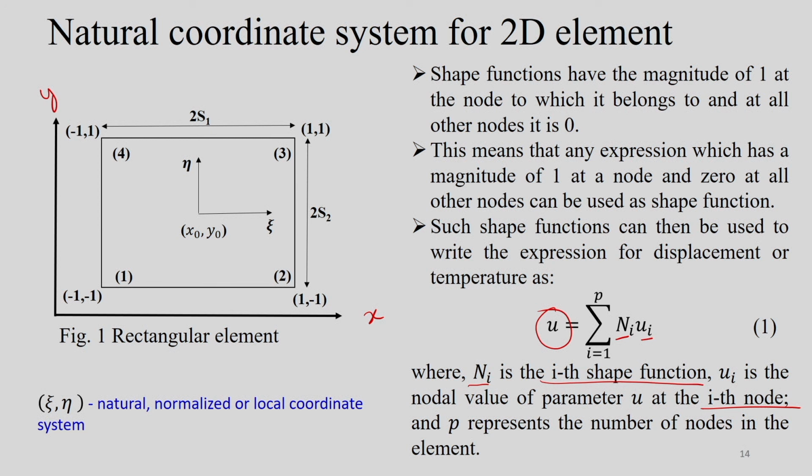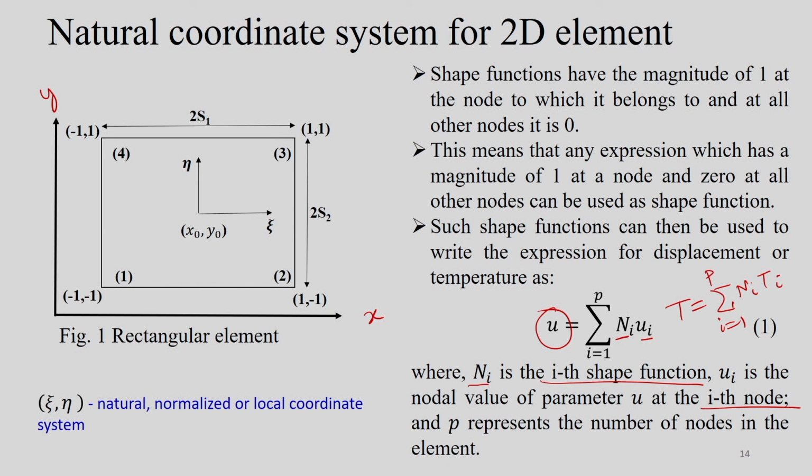For example, if it is a brick element, there may be 8 nodes, so p can vary depending upon the type of the element. The temperature variation can be represented in a similar way, sum over I equal to 1 to p of N_I T_I.